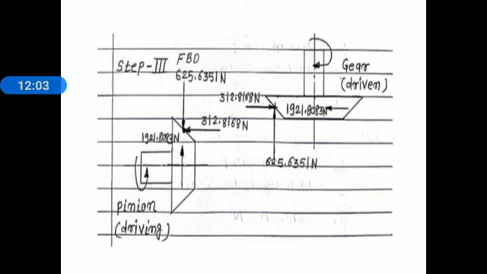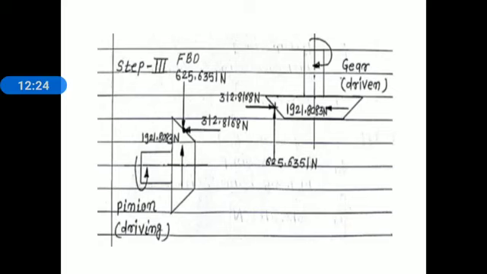Now here the tangential component and radial component we shown on this pinion and gear respectively. After that, important thing is axial component of the pinion and axial component of the gear.